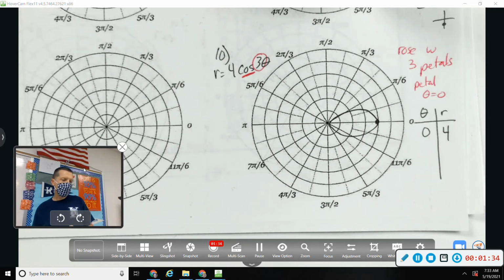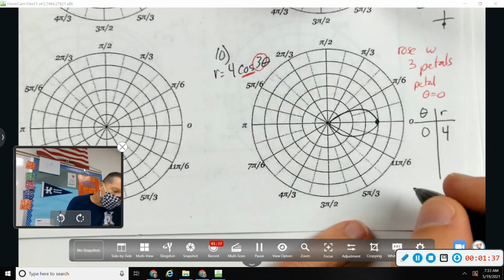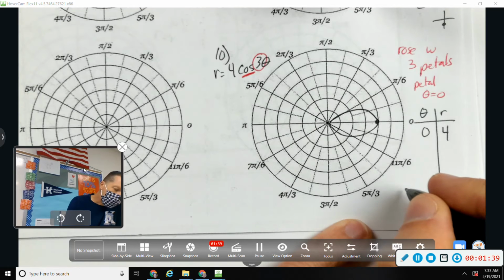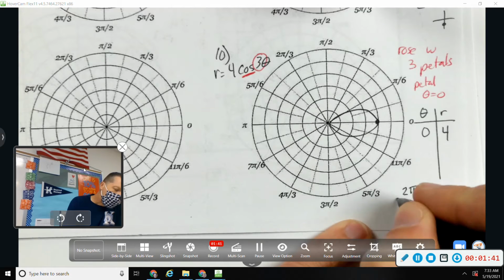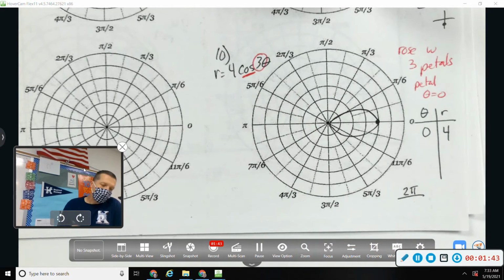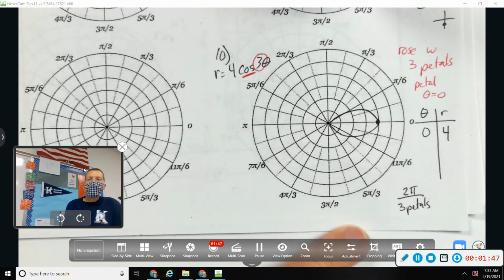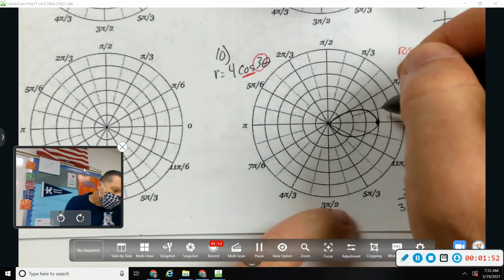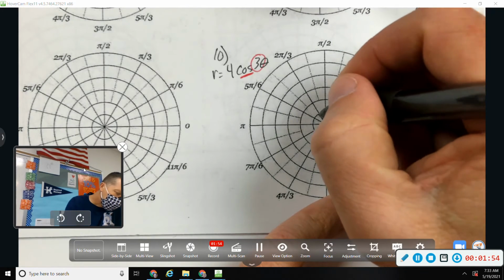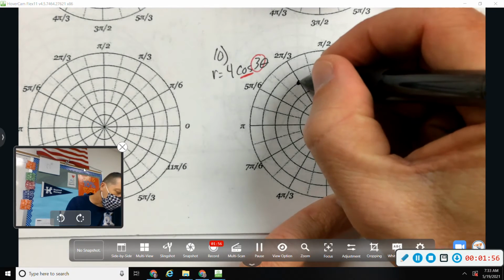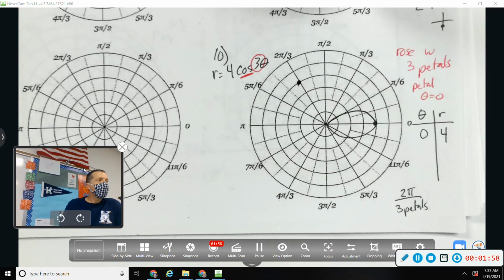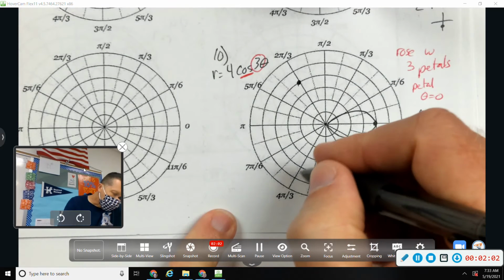let's see. You might be able to eyeball it, but you can also say there'll be 2 pi and there's 3 petals. So each petal is 2 pi over 3 apart. So if I go over to 2 pi over 3, 1, 2, 3, 4, one of them's there, and then 2 more pi over 3, or 2 pi over 3 more, would be at 4 pi over 3.